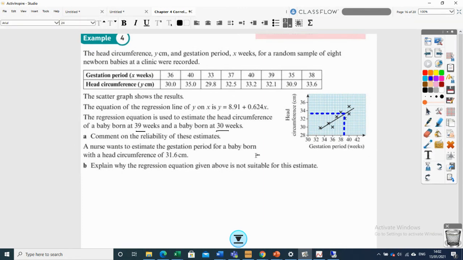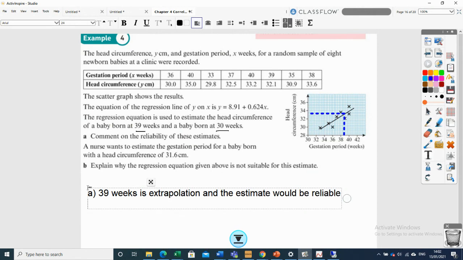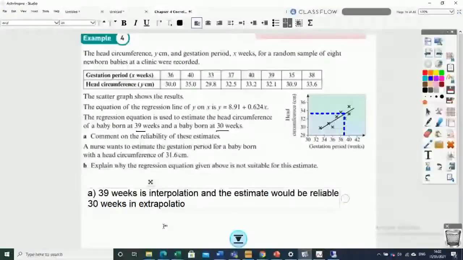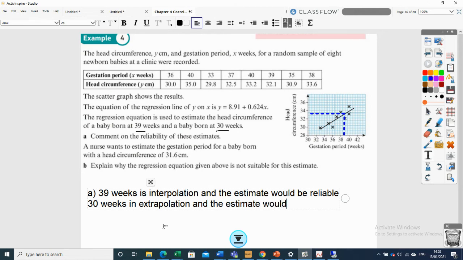So if we were to comment on the reliability of these estimates, 39 weeks is interpolation and the estimate would be reliable. 30 weeks is extrapolation, and the estimate would be unreliable.